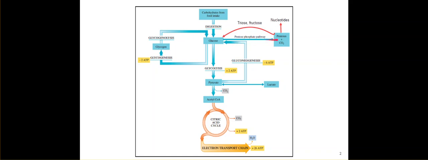Or if it does this and then we suddenly need glucose again, it can take this and form triose and fructose and feed that back into glucose as well. So this does act as a little bit of a reserve in your body if you need it. So we're going to look at all these steps, but it just gives you a high level view.